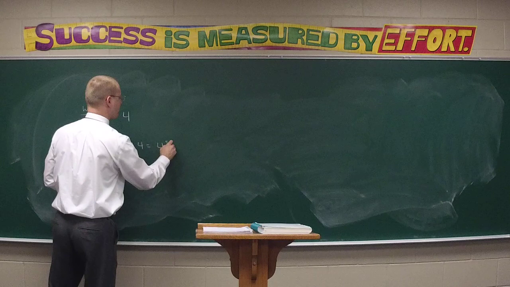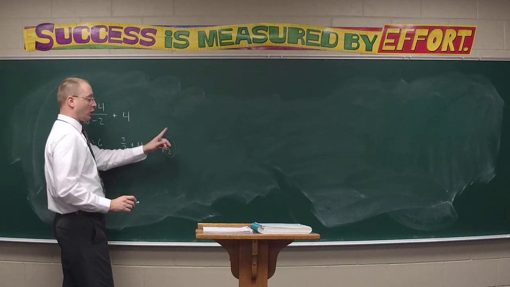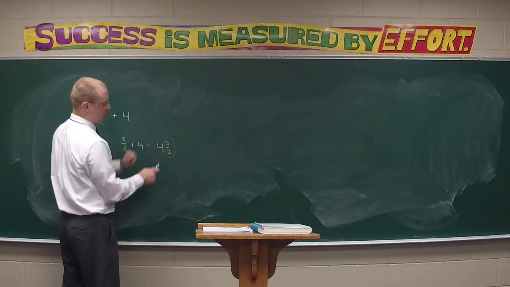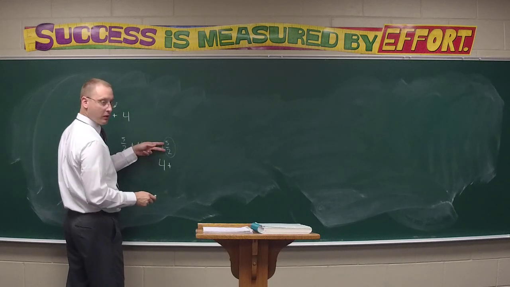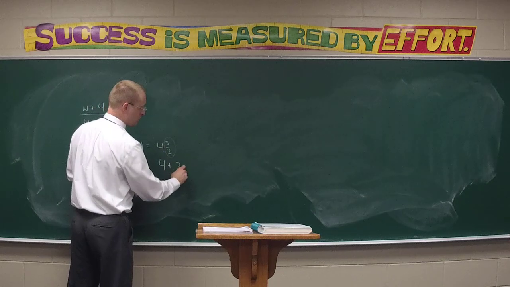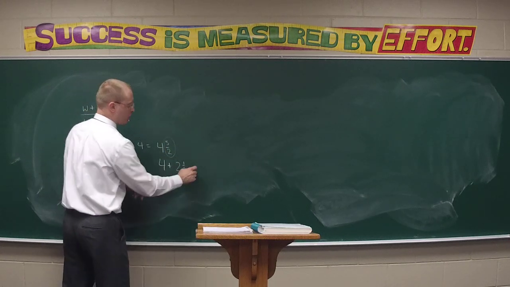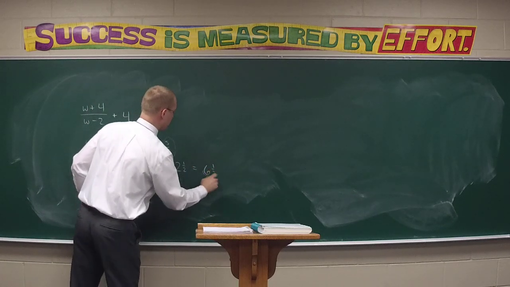Does give 4 and 5 halves, but it's awkward to leave a mixed number that includes the improper fraction. So let's change 5 halves to a mixed number. 2.5, right? 2 goes into 5 twice with 1 left. And then 4 plus 2.5 gives us a simplified answer of 6.5 would be the better answer.